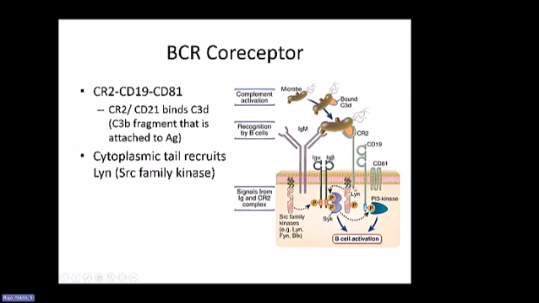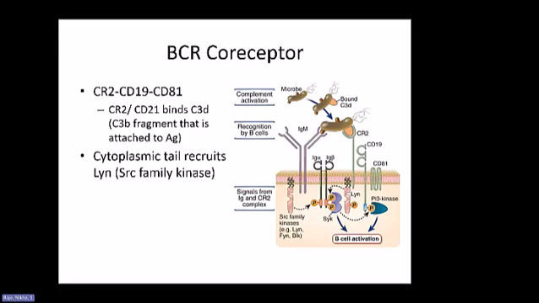at the cytoplasmic tail of the co-receptor is a non-receptor kinase called LYN. So it is the counterpart of LCK for T cells. LCK, ZAP70, LAT was the sequence for T cells.